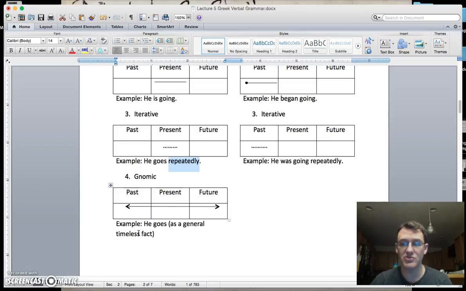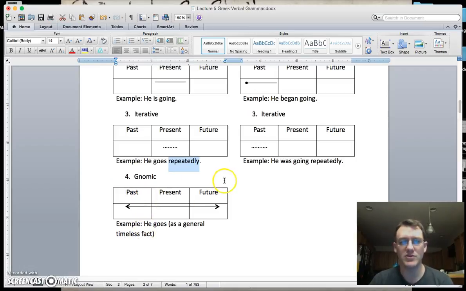For instance, in 1 John, when it says "God is love," we don't assume that this means that he is currently love or that he was love at some point and it's continuing into the present. No, he is love as a general, timeless fact. If this is essentially an essence of God's being, that he just is this, then the present isn't attempting to express any sort of time in the present. It just is true about that person or thing.